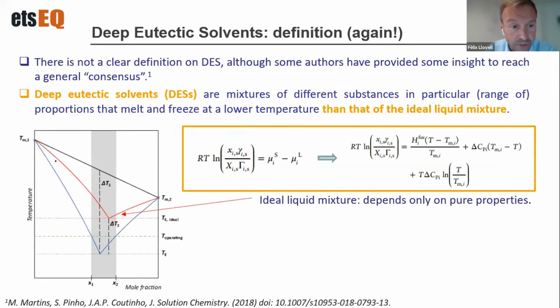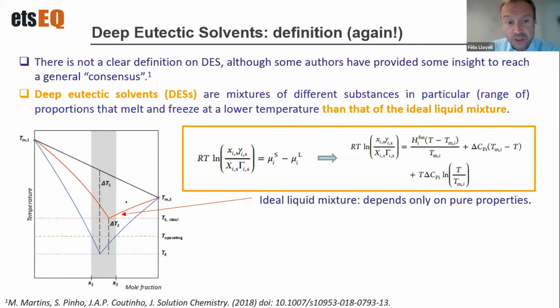Here, as an example, we can see the red line, which would represent an ideal liquid mixture whose solid-liquid equilibria could be represented just from the pure component properties. That's the enthalpy of fusion of each one of the two compounds and the melting temperature of each one of the two pure compounds.